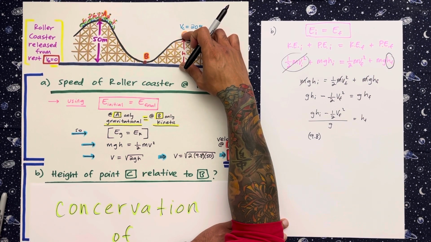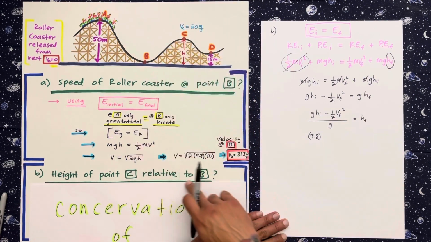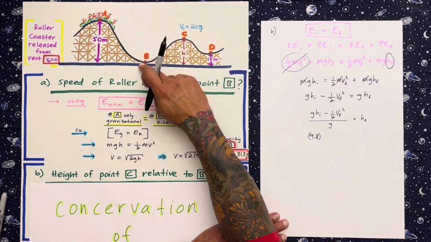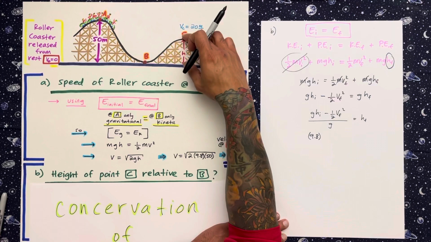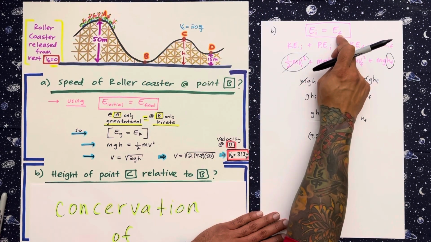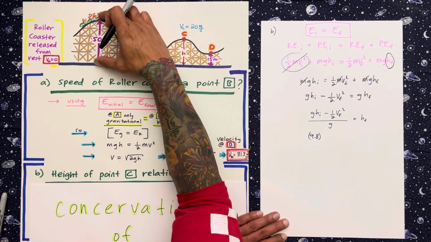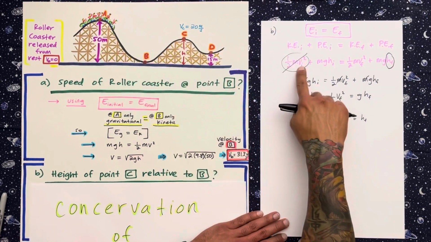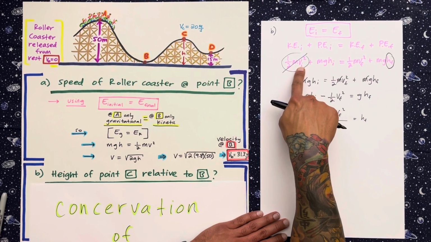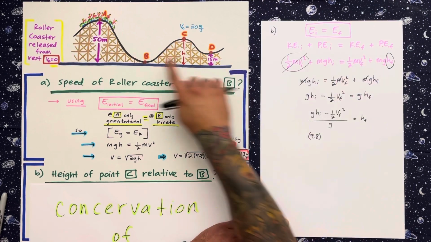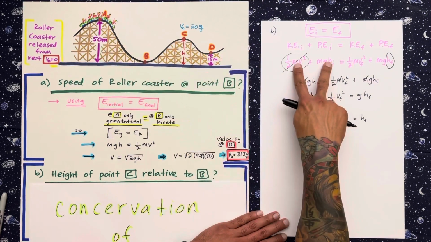So don't let that confuse you. Because this says relative to B, that just means that we're looking at the height that corresponds from here to here. But always when we're doing initial energy and final energy, we have to look at the initial energy. And the initial energy, we did not have velocity initial because it was 0. We have an initial height, which is 50, so that this side is good.